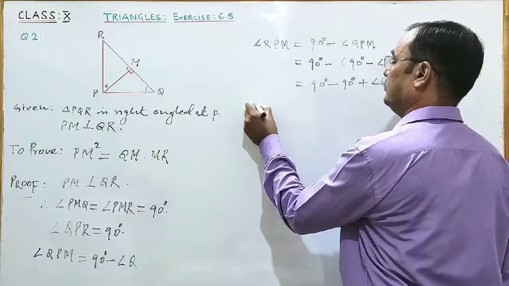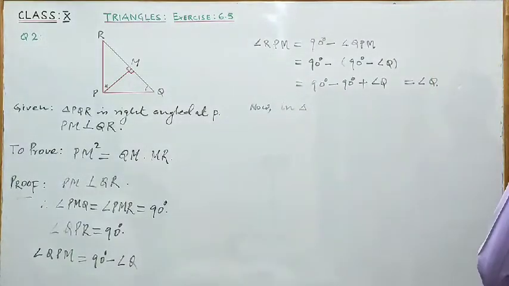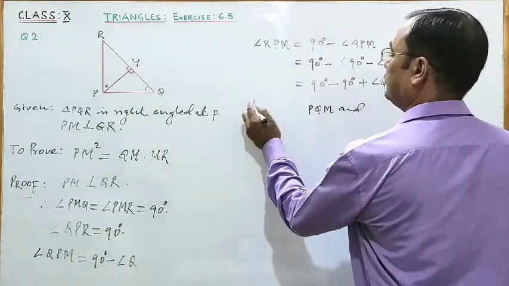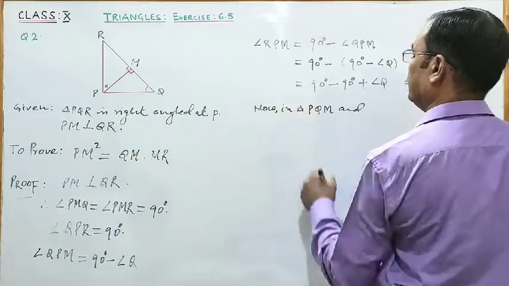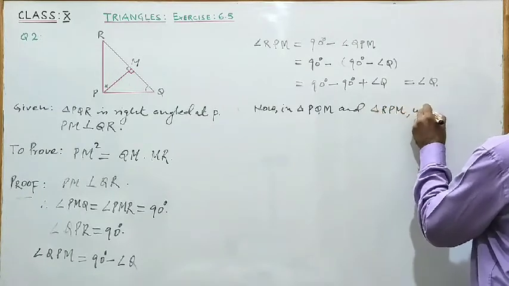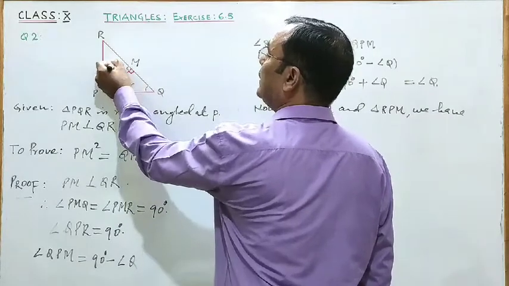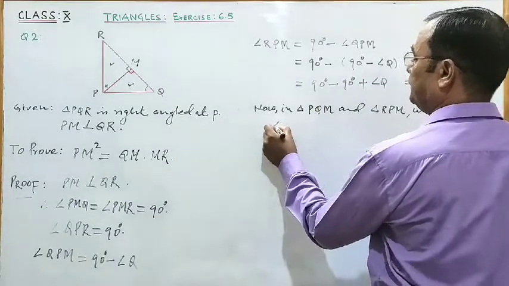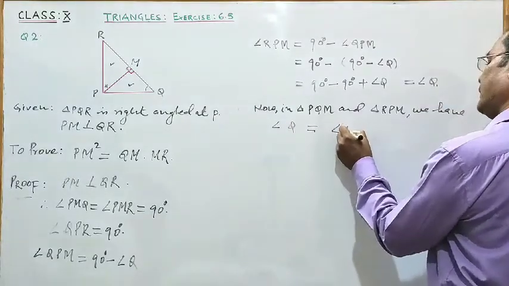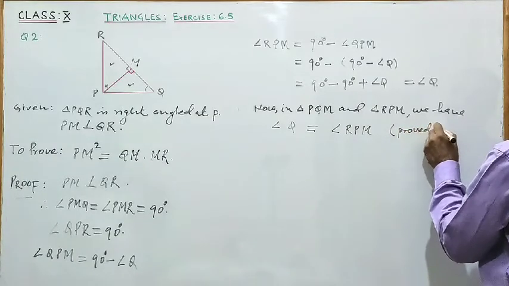Now in this triangle PQM and in this triangle RPM we have angle Q is equal to angle RPM, proved above.